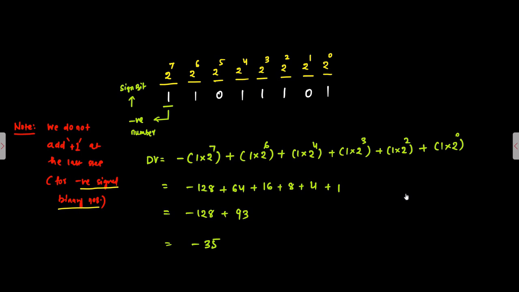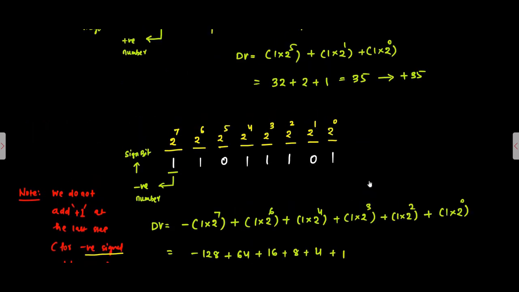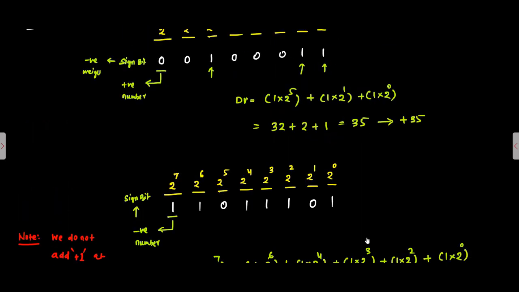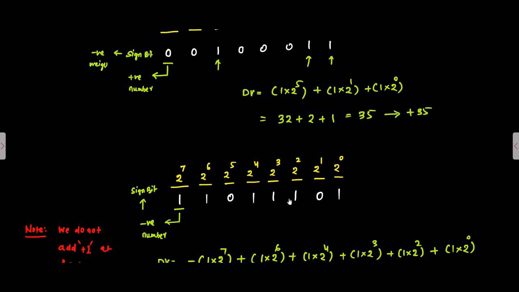So for 2's complement it is difficult to identify bit patterns visually, whereas for 1's complement it is comparatively easy. So as you can see, these are the signed binary numbers plus 35 and minus 35 expressed in 2's complement form, with this bit pattern being the 2's complement of that. Okay, so this is the thing.